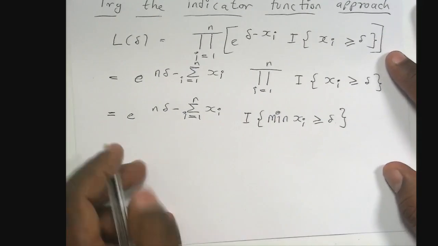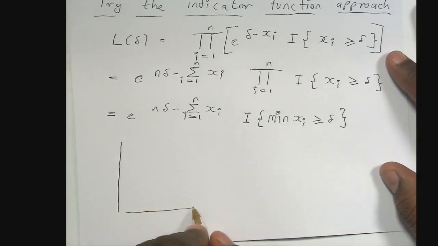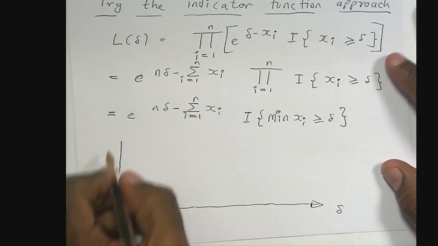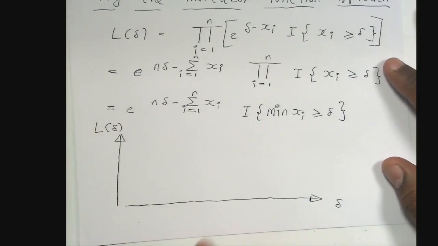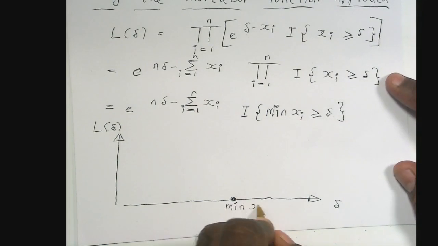The next thing you need to do is to draw a graph. This is where your skills come in. Suppose this is delta, suppose this is L of delta, and suppose this is your min of xi.